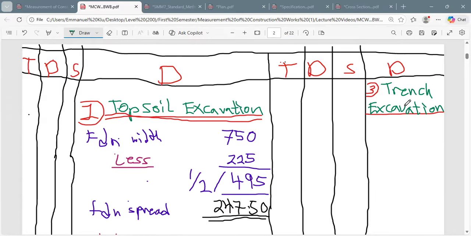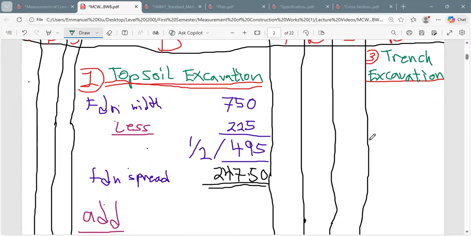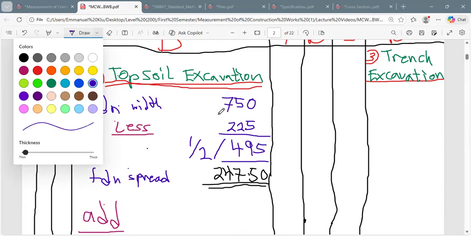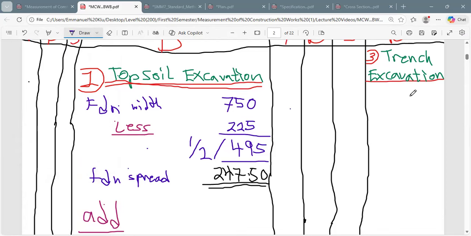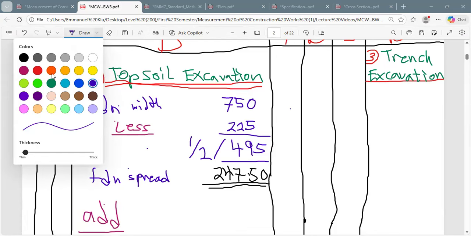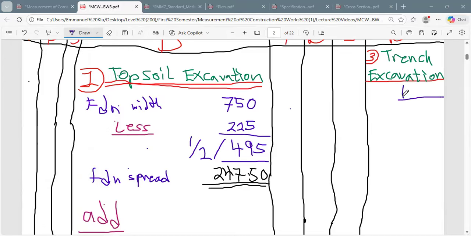All right. So for the trench excavation, first of all, we have to start from our depth. If you're talking about trench, then what is your depth? We have to know the depth. So this is a depth.